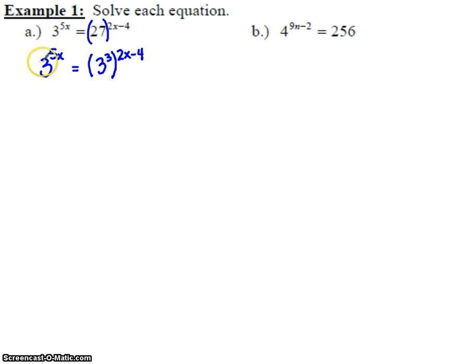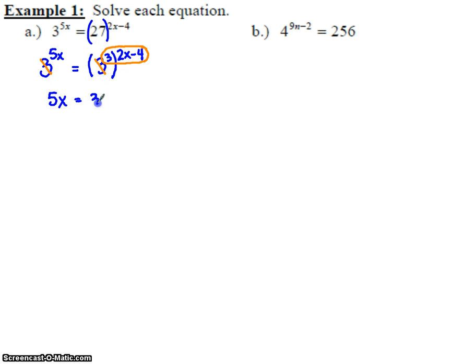So now we have the same base. And when you have the same base, these basically just cancel each other out. Now, this cube is still here, and if you remember your rules for exponents, with your exponents out here, what do we have to do? This 3 and our 2x minus 4. Oh, multiplied, you say? Gosh, you are so smart.